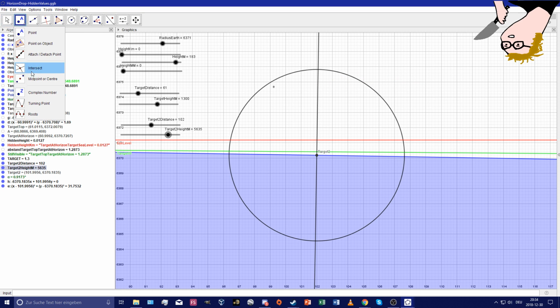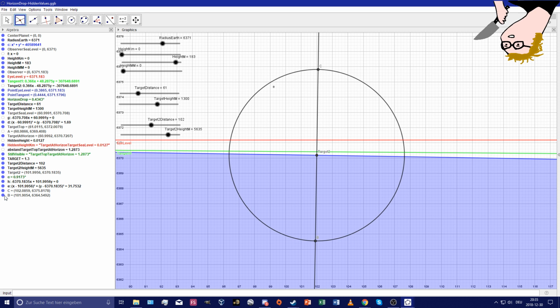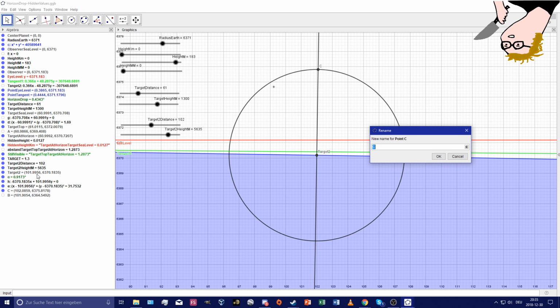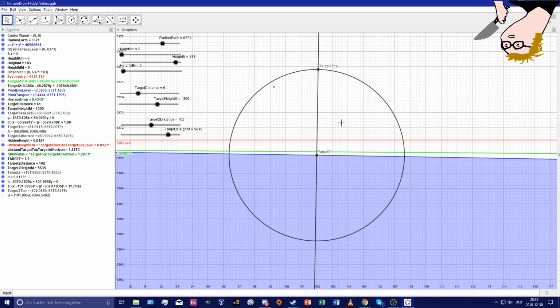So we're gonna need a new intersect point. Obviously we're not gonna need the one down here, so we're just gonna remove it, or well, it's still there, but we're not showing it. And then we're gonna rename this one to, what's the other one called? Target top. So this is target 2 top. Okay, so we're gonna remove this one as well. It's just unnecessary to show it.